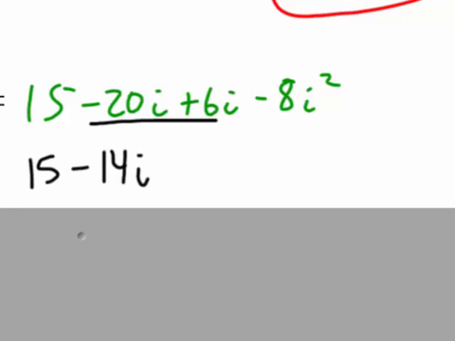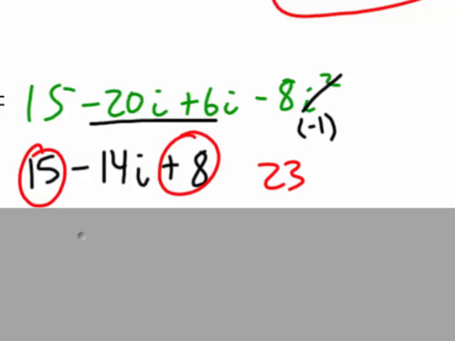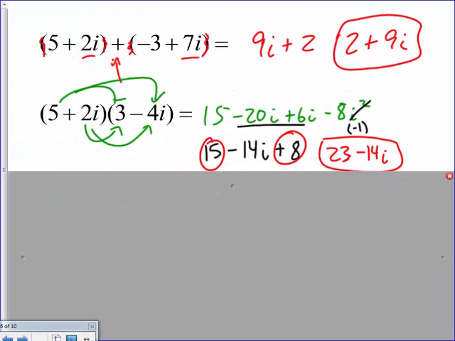And remember, i squared is really negative 1. So negative 8 times negative 1 is positive 8. And then I can combine my 15 and my 8 to give me 23 minus 14i. Always write it in that form, a plus bi. So put the constant first and then the imaginary number.